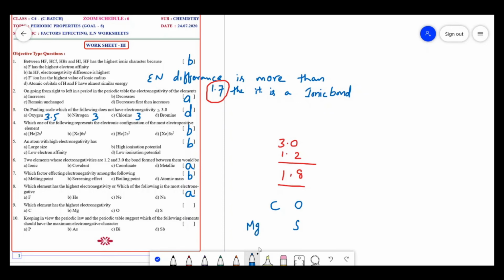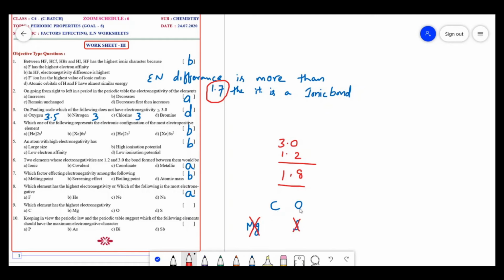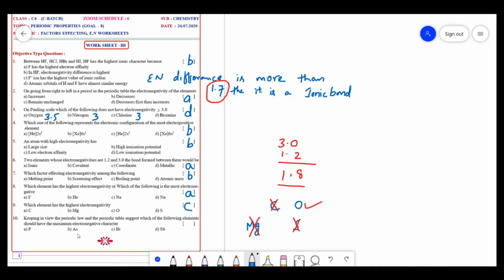So there is no chance of magnesium. Top to bottom, electronegativity decreases, so this is also not the answer. Left to right, electronegativity increases, so carbon is also not. So the answer is oxygen. So you can see group and period. That's all. So the answer is C.